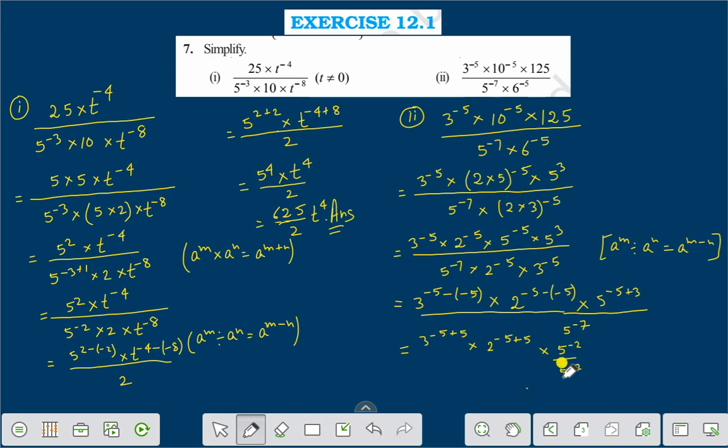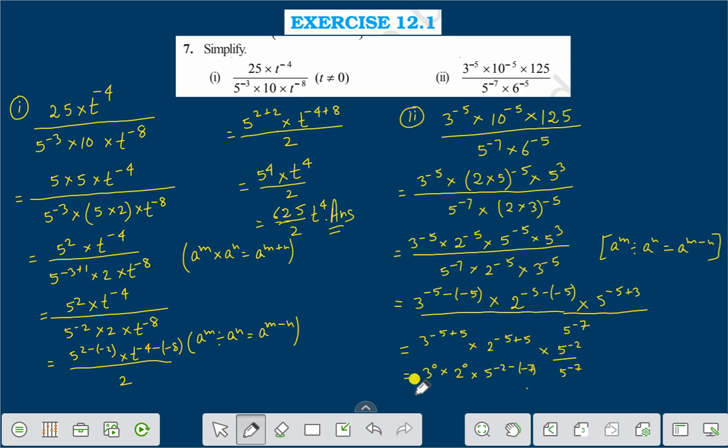Therefore, we are getting 3 to the power minus 5 plus 5 is 0, into 2 to the power minus 5 plus 5 is also 0, into 5 to the power minus 2 minus of minus 7.